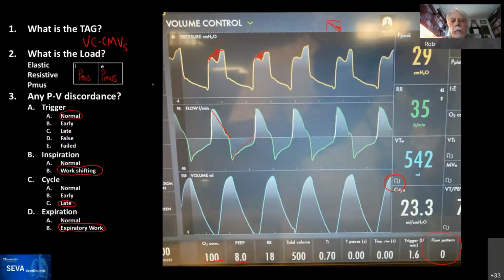Except that, again, this is the pattern where people could look at it quickly and say, well, there's gas trapping because we didn't reach zero flow, but not necessarily so, right? Right. Let's touch base on that when we get deeper. But you're absolutely right.